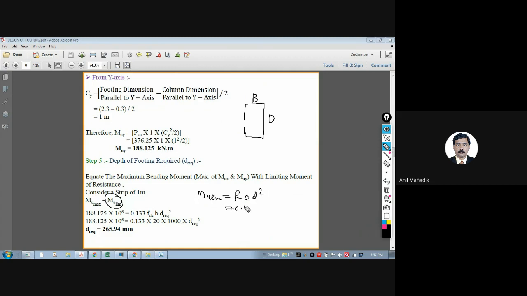In our case R is 0.133 FCK. So this is your R into B into D square. You can equate this with the moment you got, 188. Here you can see that equation: 188 and 0.133 FCK BD square.